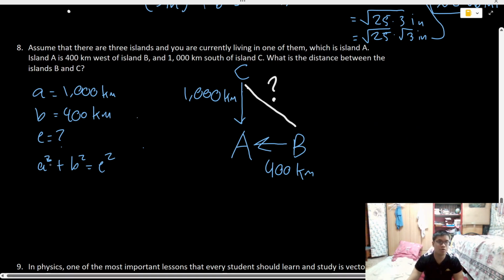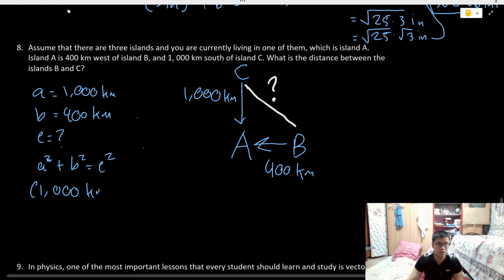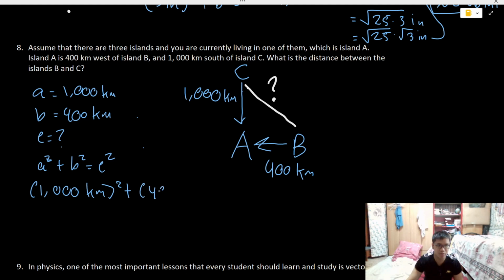Okay, so your A squared is 1,000 kilometers raised to 2, plus B squared. Your B is given, so it's 400 kilometers. And C squared.